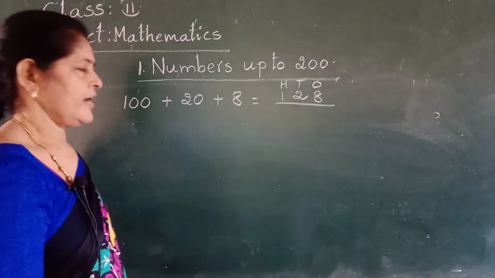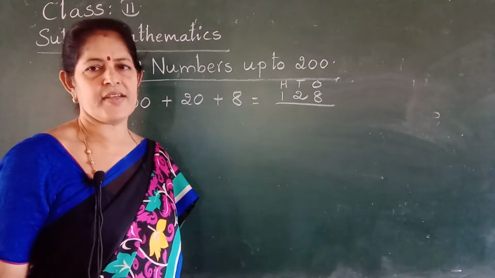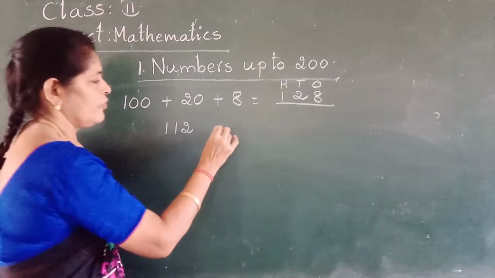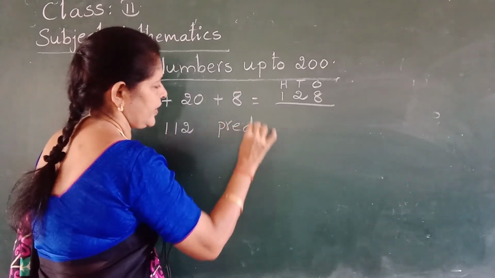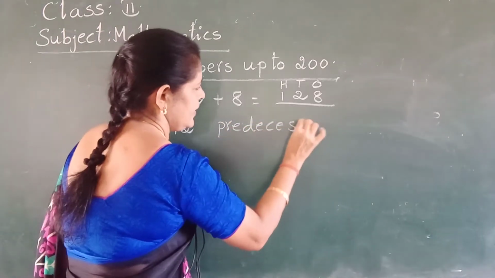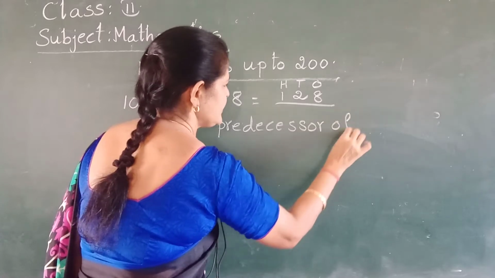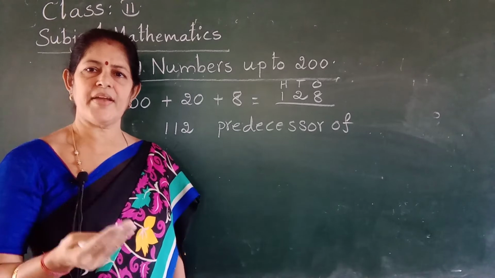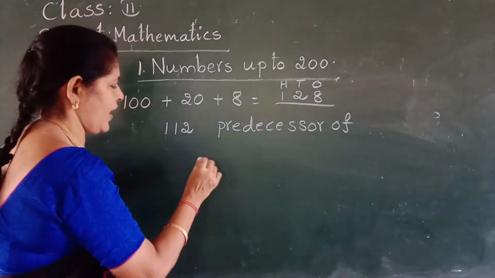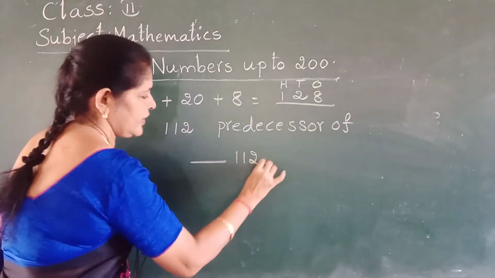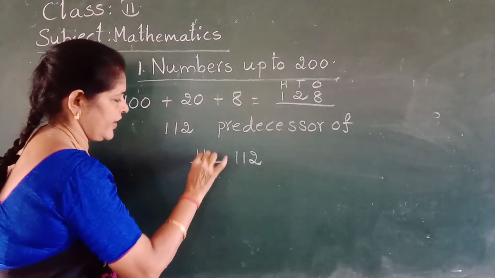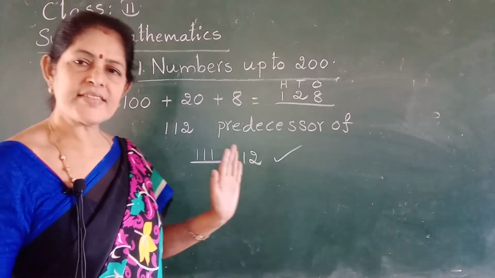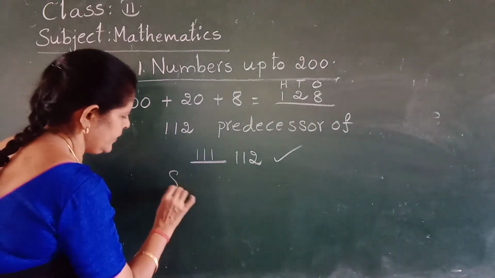Okay. Next one. What is the predecessor? What is the successor? Write the predecessor of 112. Predecessor means the number just before 112. That is going to tell me. Very good, 111. Okay. Next one.